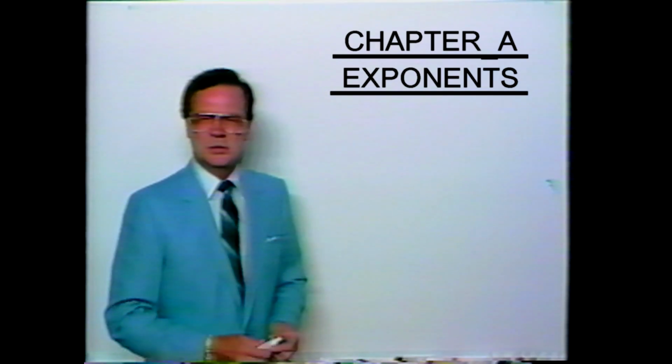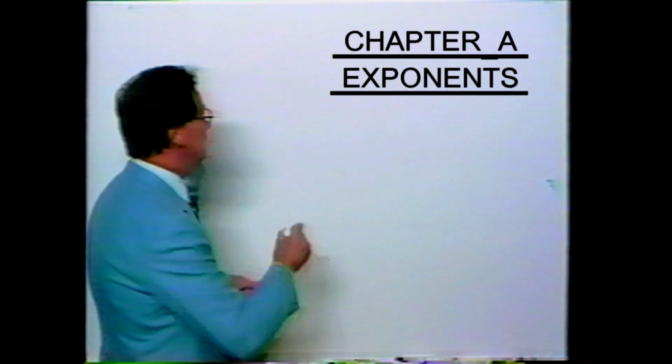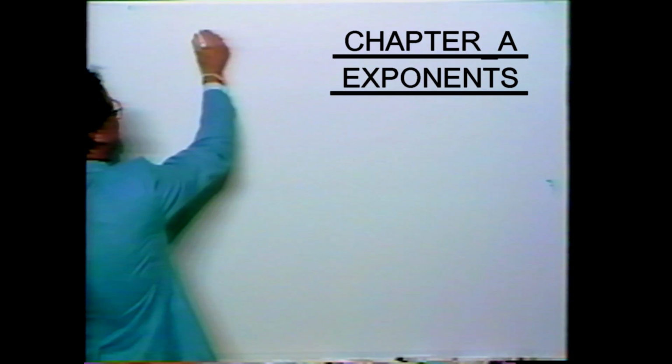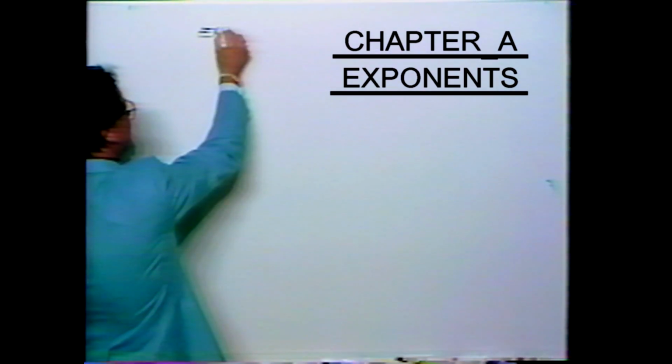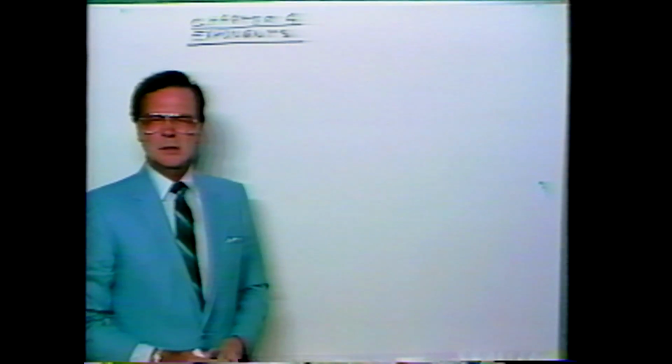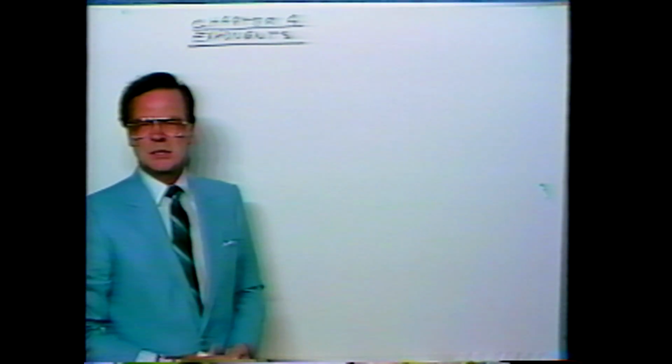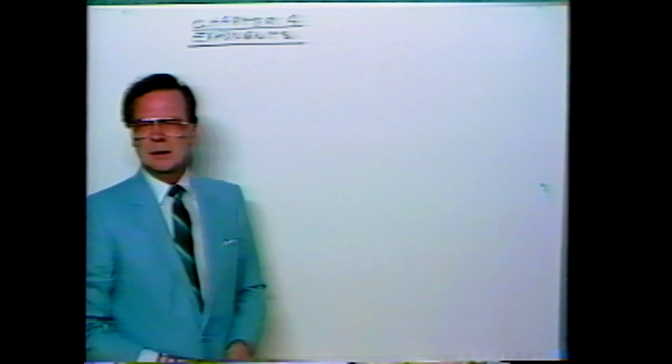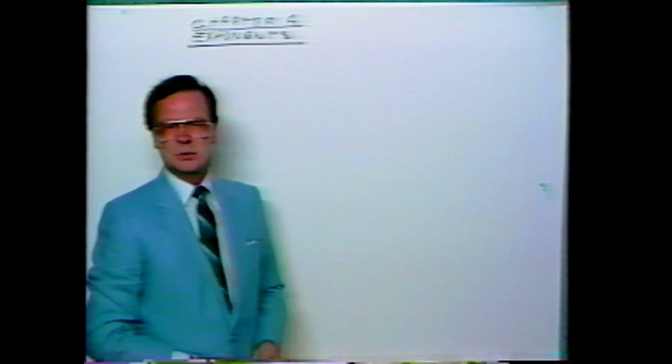This tape is on exponents, Chapter A. Repeated multiplication of a single number or letter can best be represented in its simplest form using exponents.